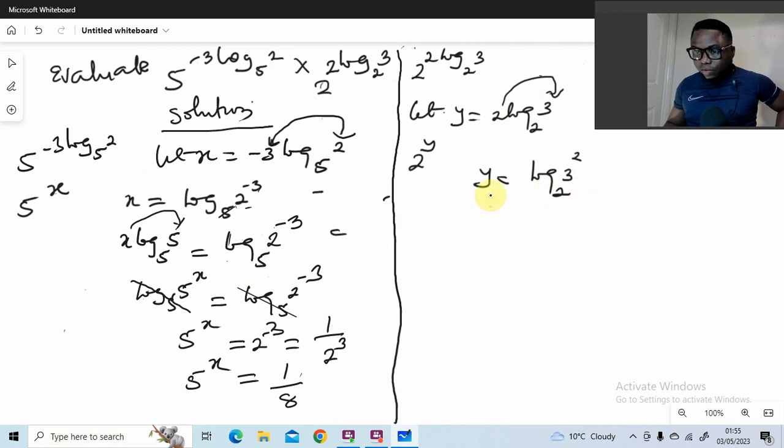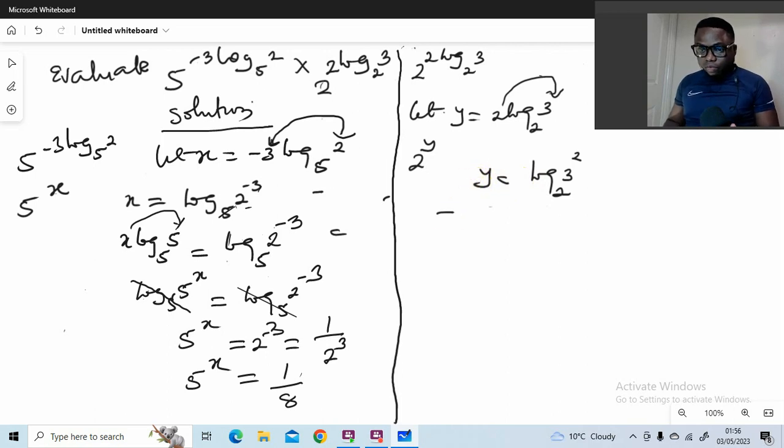Remember what I did here, I'm going to introduce log 2 because I have to find a way to eliminate this log 2. For me to do that, I'm going to take log 2 of this side of y, because it has to be the log of its own base, and the log of its own base is always 1. 1 multiplied by y will give you y.